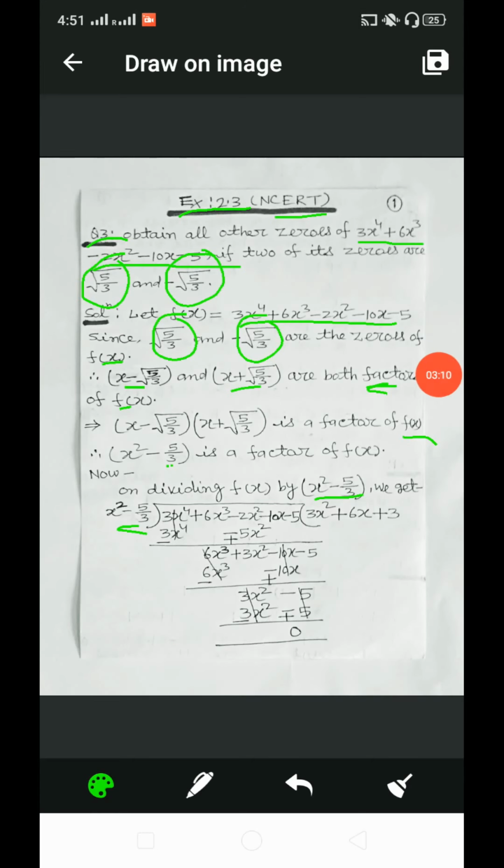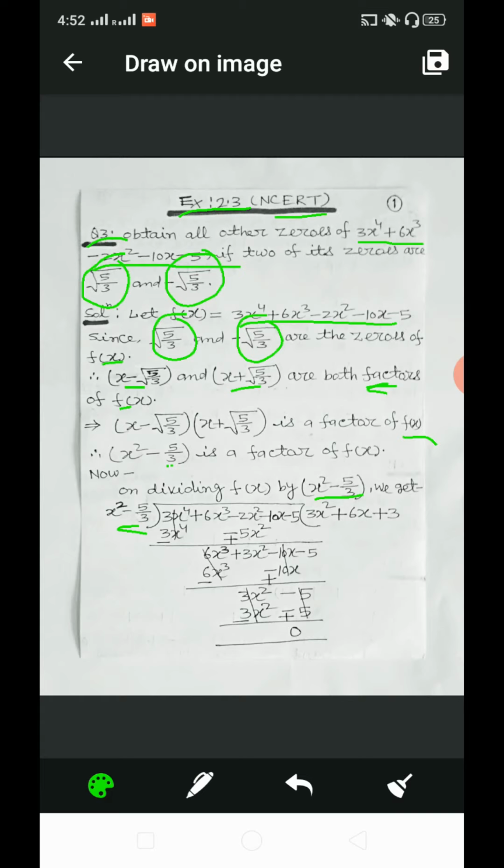On the basis of that, we take the quotient 3x square and it is multiplied by x square minus 5 by 3. We get 3x to power 4 minus 5x square, and we change the sign of these terms. We get minus 3x to power 4 plus 5x square.